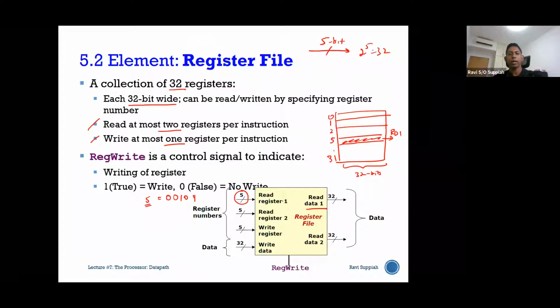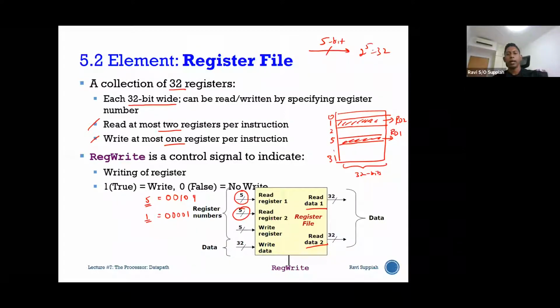Similarly, if I specify a value in these 5 bits as 00001, which is value 1, then I want to go to register 1, take the 32 bits and put it out into the port which is read data 2. That is how the 5 bits for read register 1 and read register 2 are interpreted.